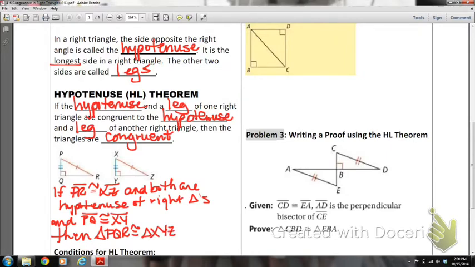Now, this particular diagram had PQ and XY being congruent. You could have also had the other leg, QR, be congruent to leg YZ in the other triangle. You could have had the other set of legs be congruent, and the hypotenuse leg theorem would have still applied here. Let's look at the conditions for the hypotenuse leg theorem.